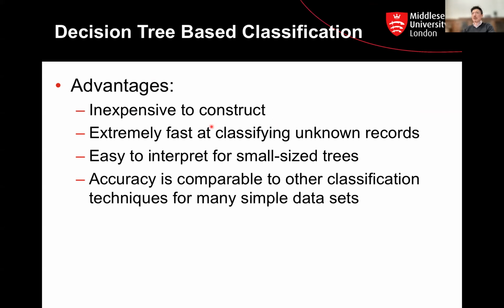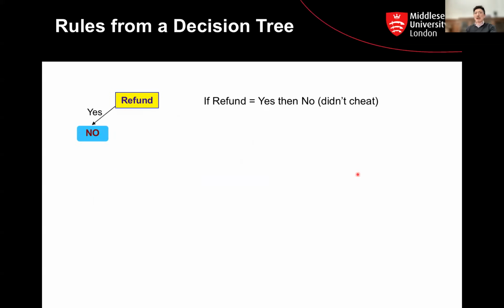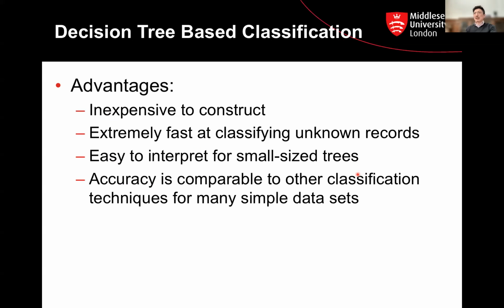So it can be very fast. And easy to interpret for small sized trees. So if the tree is not very big, like the ones we had here, essentially you don't have too many attributes, it's easier to understand. If you have dozens or hundreds of attributes, it becomes much harder.